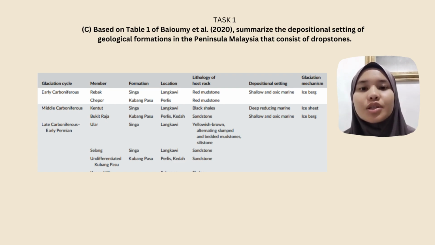It was housed by shallow marine sediment formed by the dropping of glass from an iceberg, while for the glaciation cycle of the middle Carboniferous of the Chepor member, dropstone is present in deep marine sediment formed by the dropping of glass from an ice sheet.